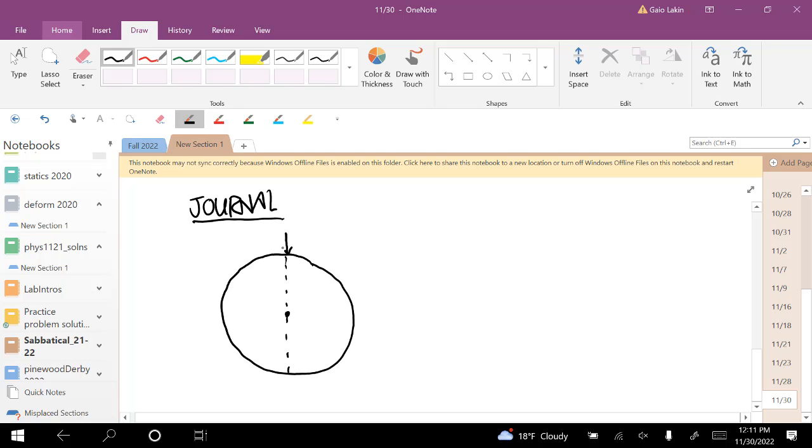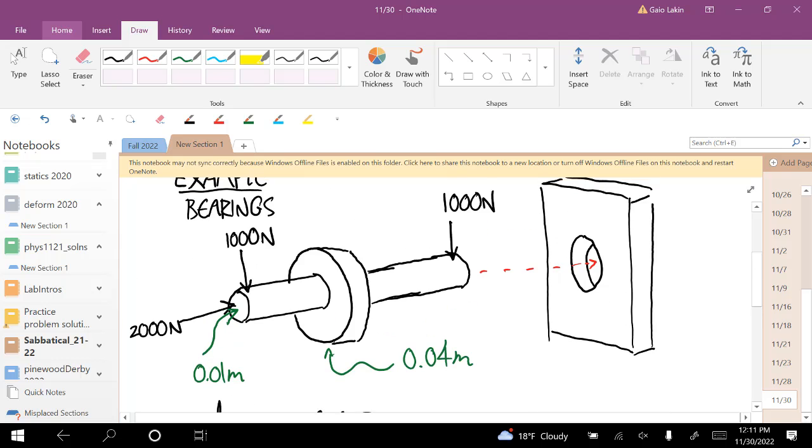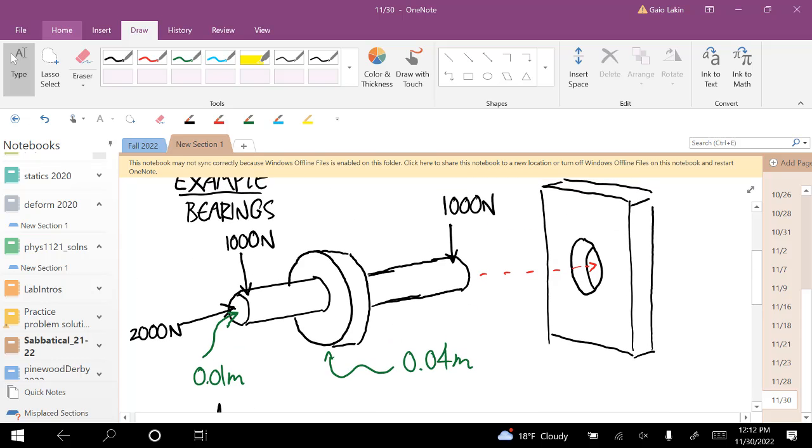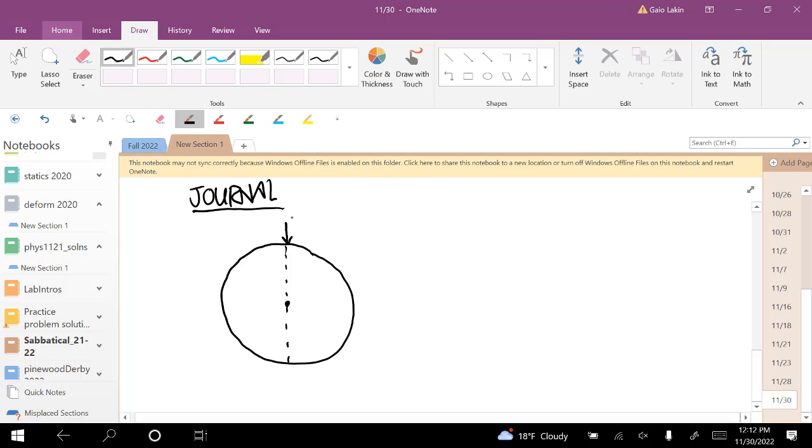There's a force pushing down of, so what's the force pushing down? Careful with that. I separated it out to show the symmetry of it, but remember we're looking at it from a side, so you have to include all those forces. Okay, so it's 2,000. So just be careful with that.